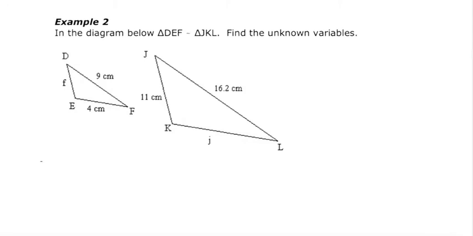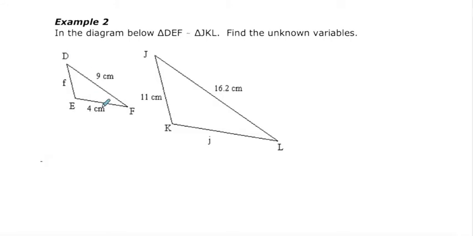So here in this example, I have triangle DEF and triangle JKL. So it already says that these are similar, so I don't have to prove anything for this one. But I want to know what the measurement of side F is and the measurement of side J, because those are my unknown variables. And because our triangles are similar, my sides must be in proportion.